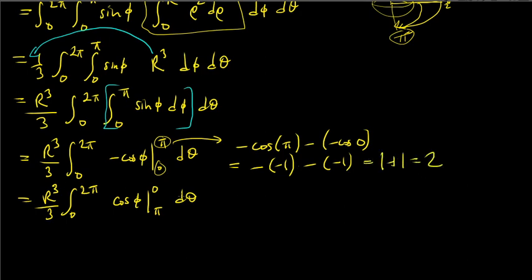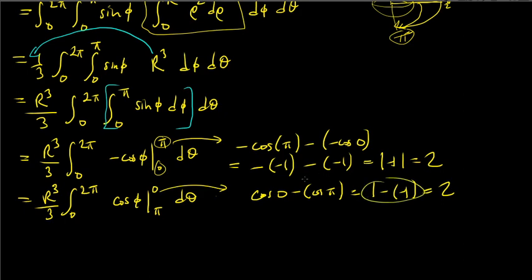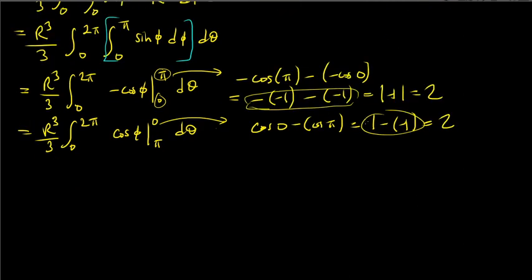It's 2. But here, you're just doing cosine of 0 minus cosine of pi, which is 1 minus negative 1, which is also 2. So here, there are slightly fewer negative signs. Half as many. Here, there are 4 negative signs. Here, there are only 2. So either way, you get 2. And 2 is a constant.